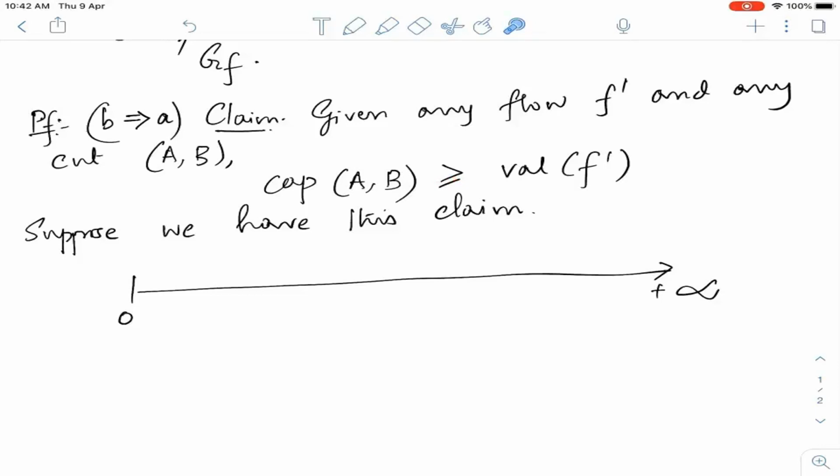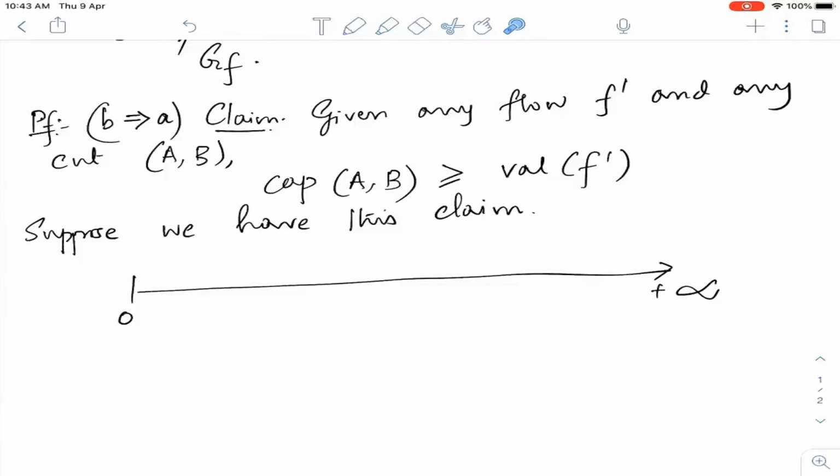So if I use crosses to denote the capacities of cuts, and circles to denote the value of the flows on this real number line, then how should the crosses and the circles be placed on this line if I'm able to prove this claim? Let's say I have proved this claim.